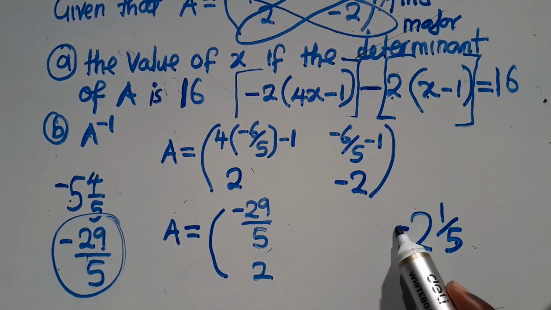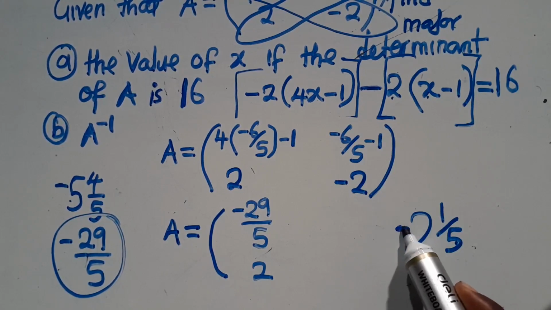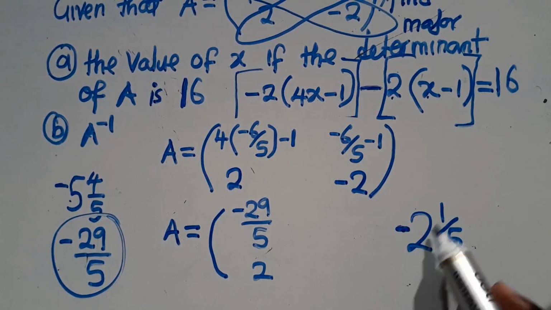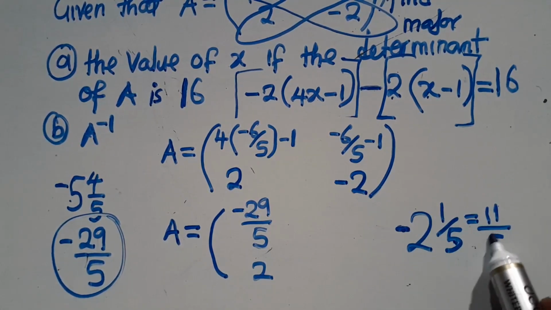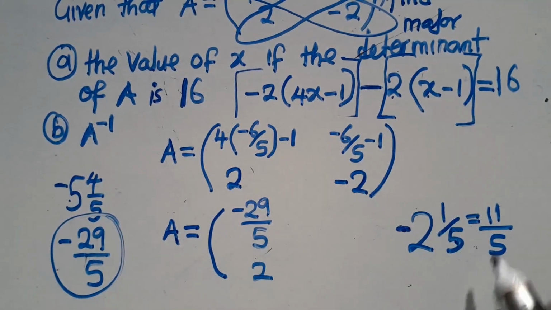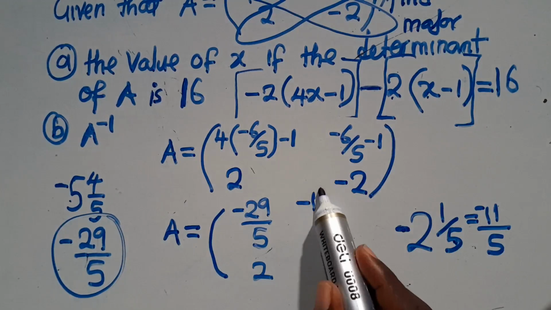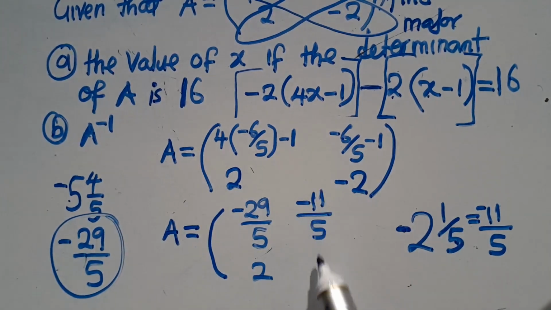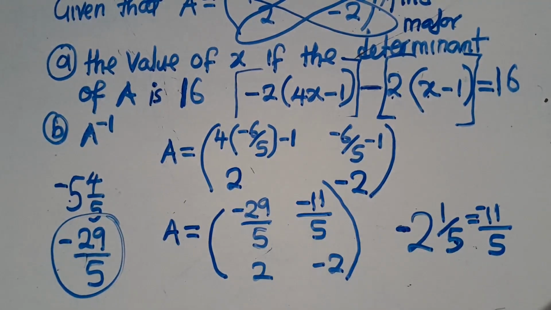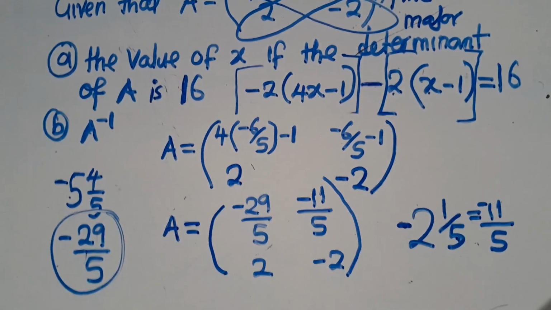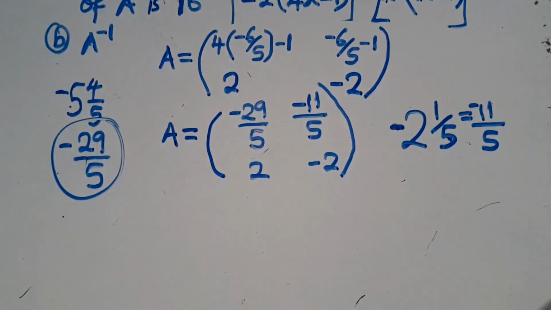You don't concentrate on this. Forget about this a bit. So this times that, 10, plus that is 11. So this is 11 over what? 5. So negative 11, negative follows. So I will say negative 11 over 5. Here I've got negative 2. This is what I'm going to do. So this is the matrix now. This is the matrix. So now I just work with this matrix to find.